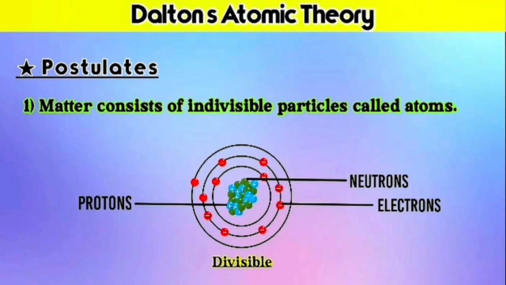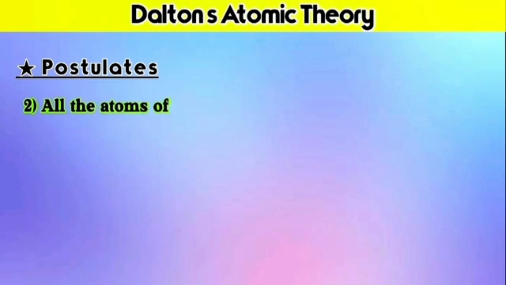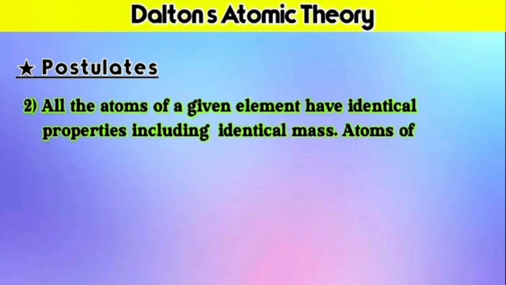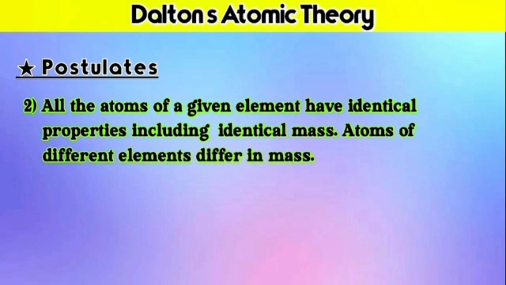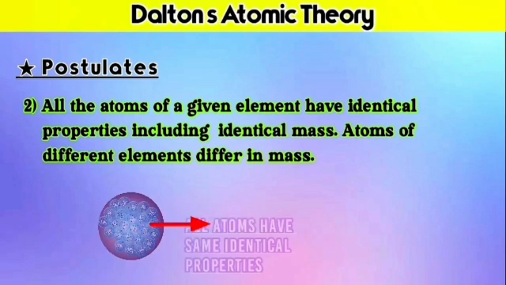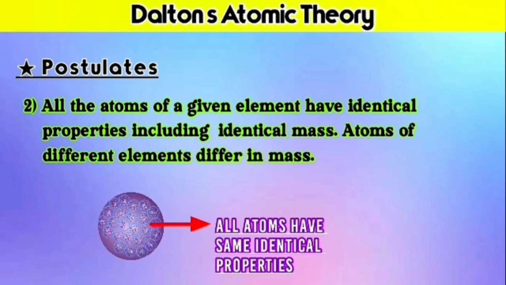Now getting back to it, let's talk about the second postulate of this theory. The second postulate is: all the atoms of a given element have identical properties including identical mass. Atoms of different elements differ in mass. It means that all the atoms in one type of element will have the same identical properties including mass.